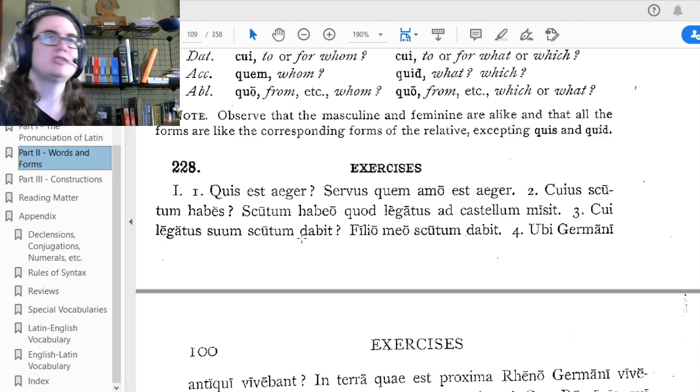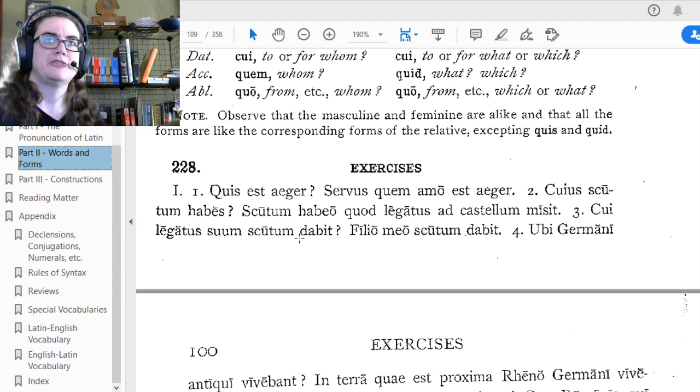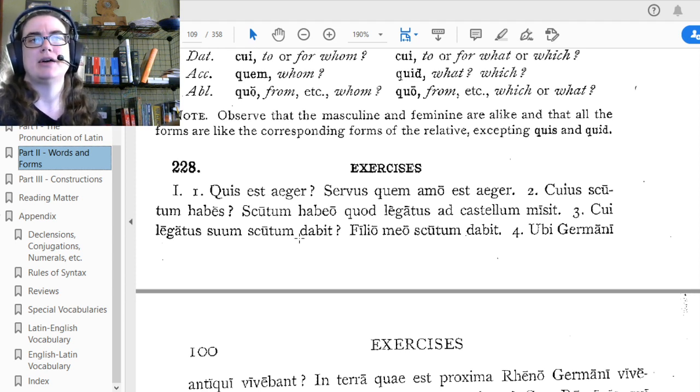Well, let's do a few small examples of questions just so people understand them. So, quis est aeger? Who is sick? Interrogative pronoun. Servus quem amo est aeger. The servant whom I love is sick.